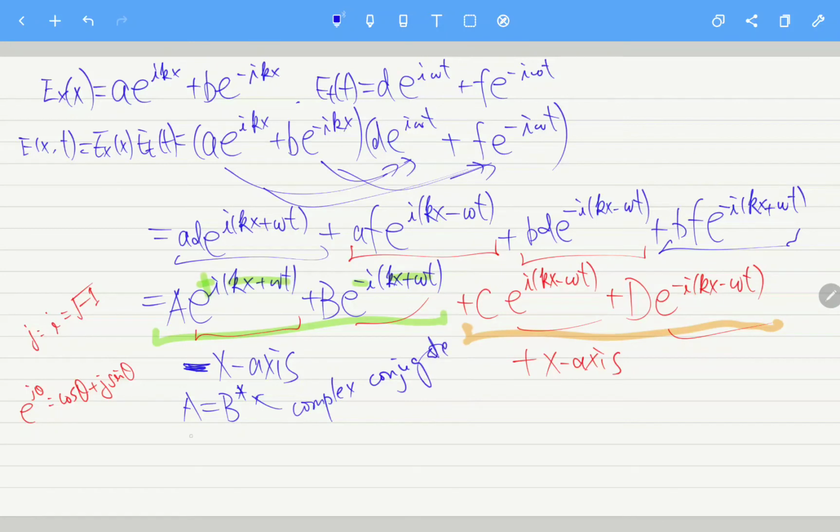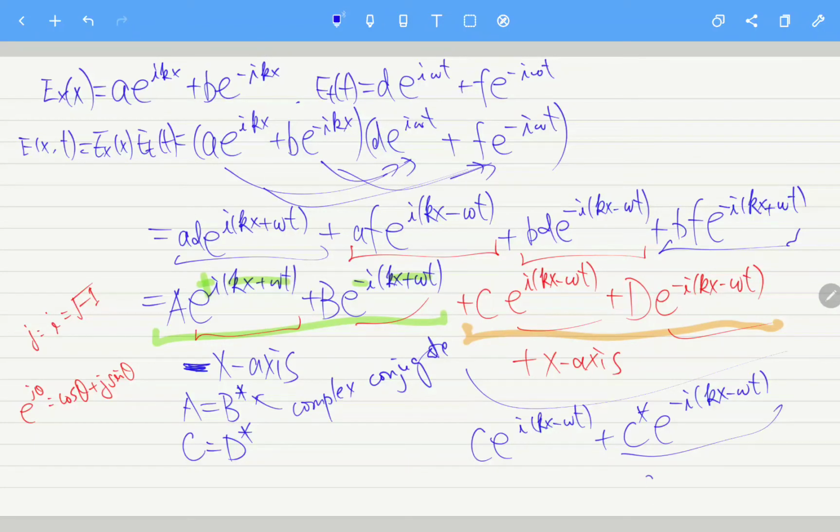Okay, and similarly, C equals the complex conjugate of D. And this will make things like this: C exponential to i(kx minus omega t), and then plus C conjugate exponential to negative i(kx minus omega t). Something like this. So this thing is similar to E exponential to i(kx minus omega t), and then the whole thing complex conjugate.